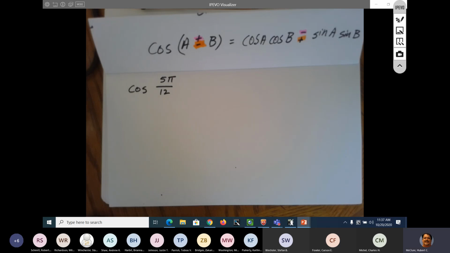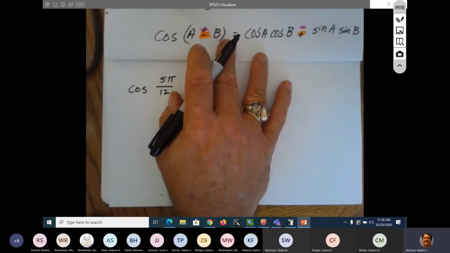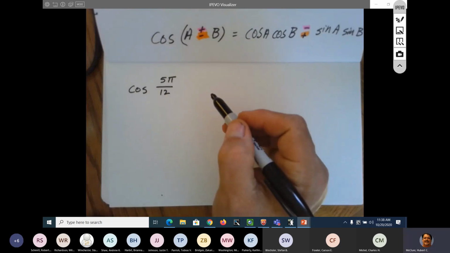And I will say you're going to use the plus. So think about using a plus. Now you're going to have to think about your special angles and what they represent.